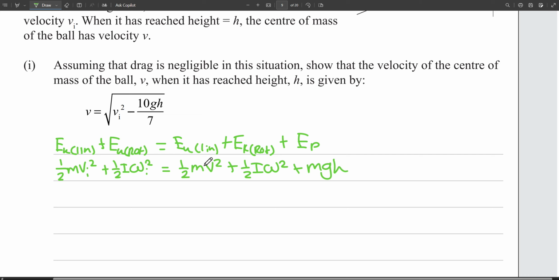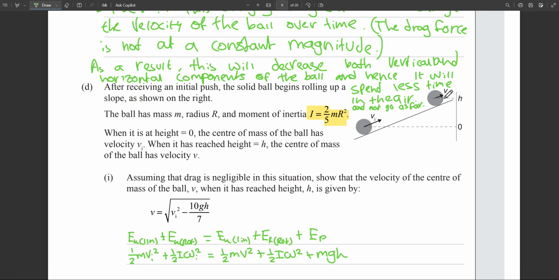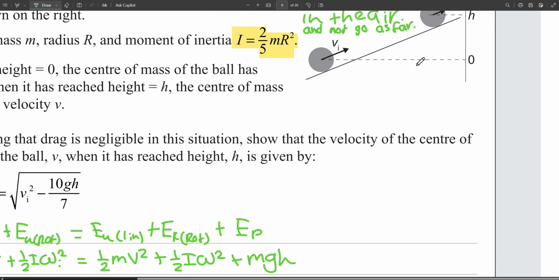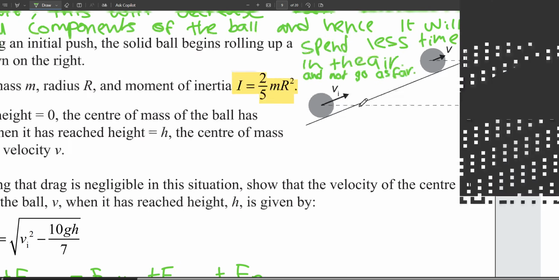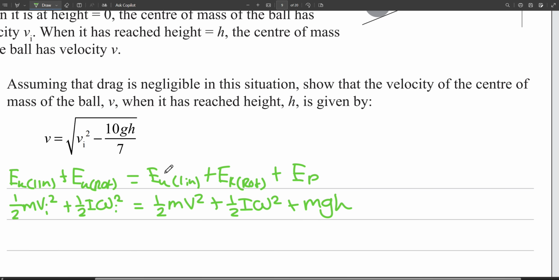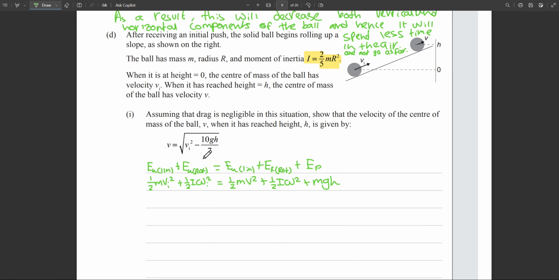So when it reaches here, it'll have some velocity v, as indicated by this arrow, and as long as it has a linear velocity, the ball will also have rotational kinetic energy. So that's our formula here.